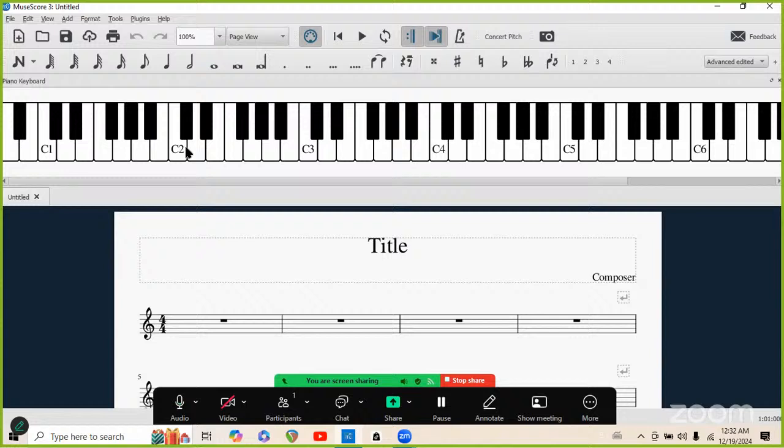You would recognize this sound as do, re, mi, fa, sol, la, ti, do, and going in reverse, do, ti, la, sol, fa, mi, re, do. Good.